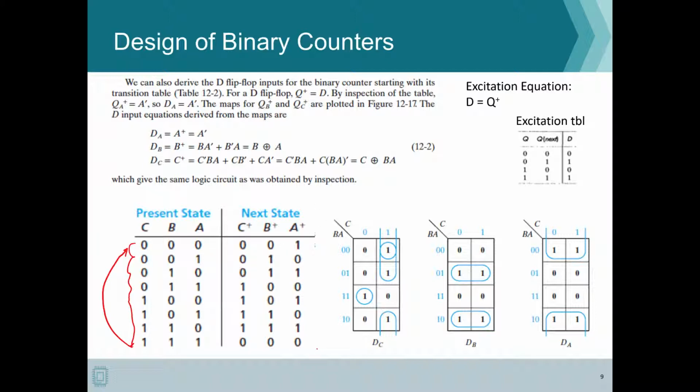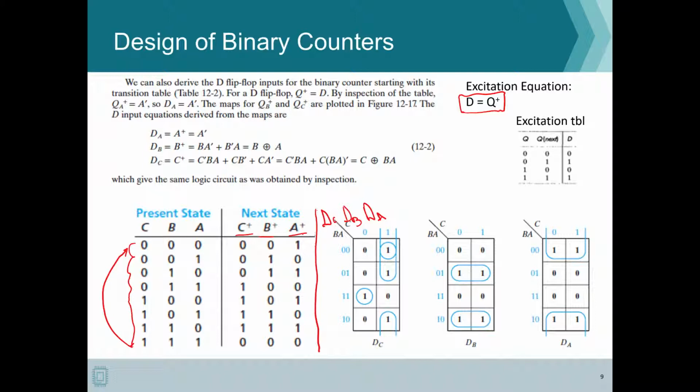Now when we look at our D flip-flop, our excitation equation is pretty much D is equal to Q plus. So technically, you don't have to create something like DC, DB, and DA, because they're going to be identical to C plus, B plus, and A plus.